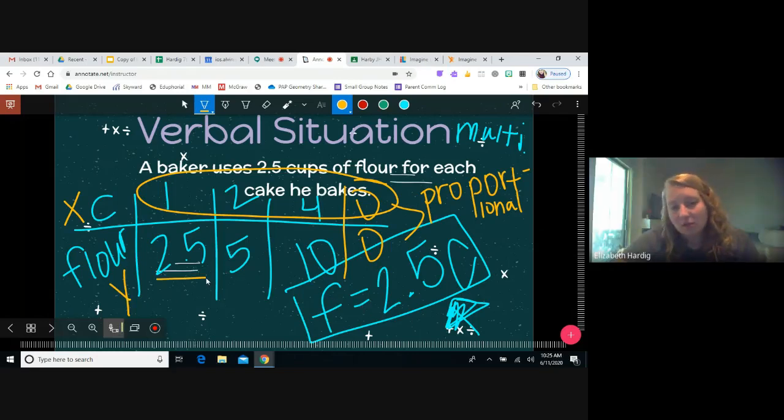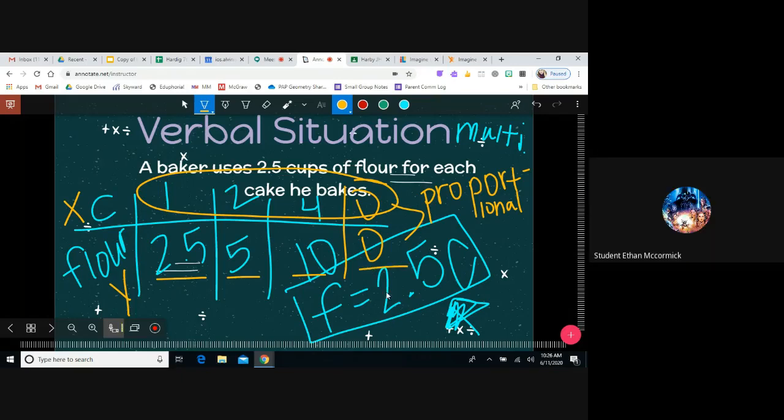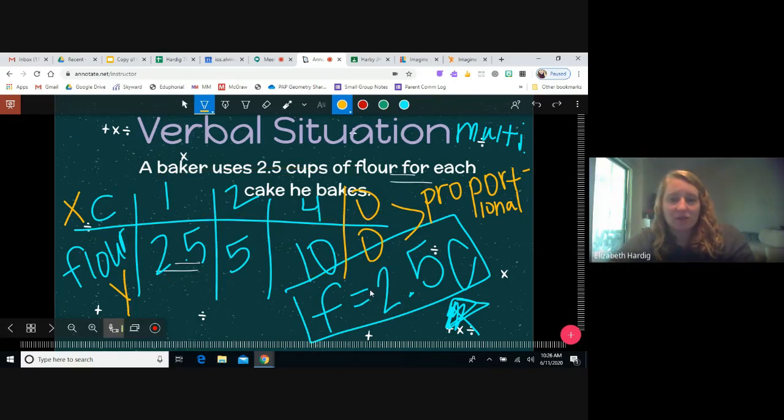Dependent is always Y, so I'd have 2.5. I would have 5. What else? Ten and 0.